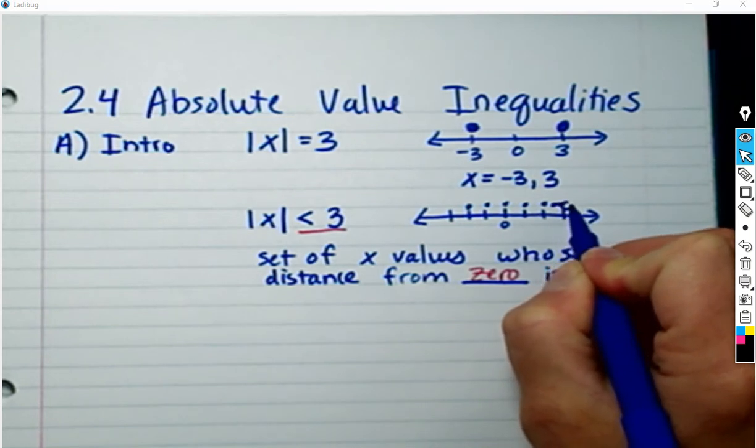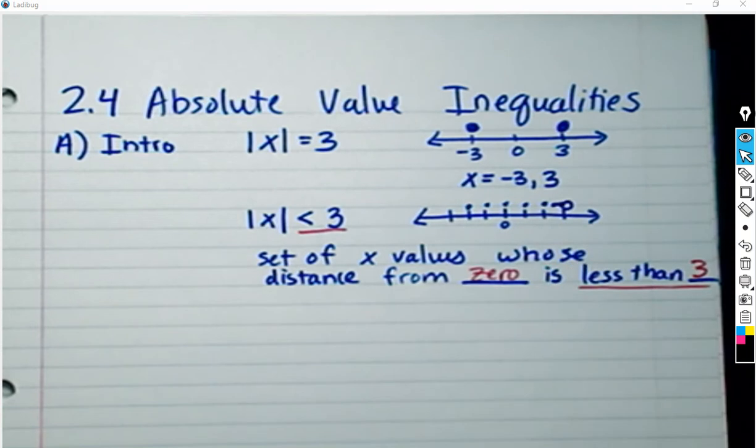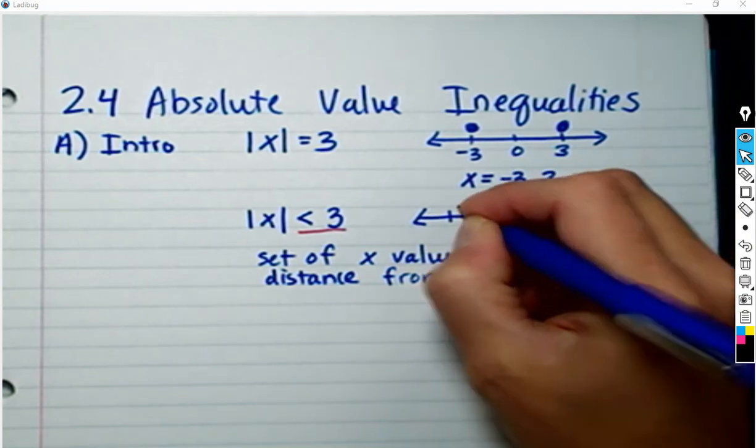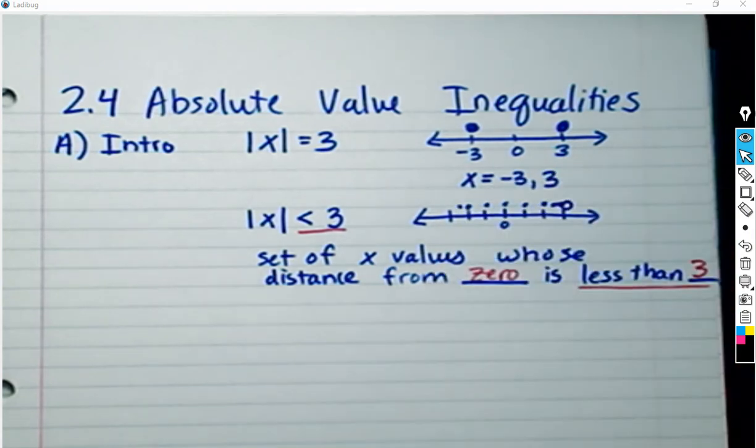I'm going to put a little open circle here on 3 because I don't want to go past it. Okay, Oliver, -2.3, love it. Lucas, 1.5, yep. Andrew, 0.5, yep.